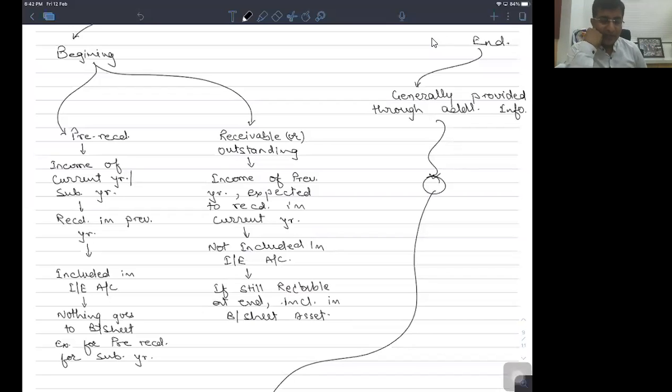Generally provided through additional information. मास्टर की बहुत मजाक उड़ाते हो तुम। Pre-received branch में what is X?